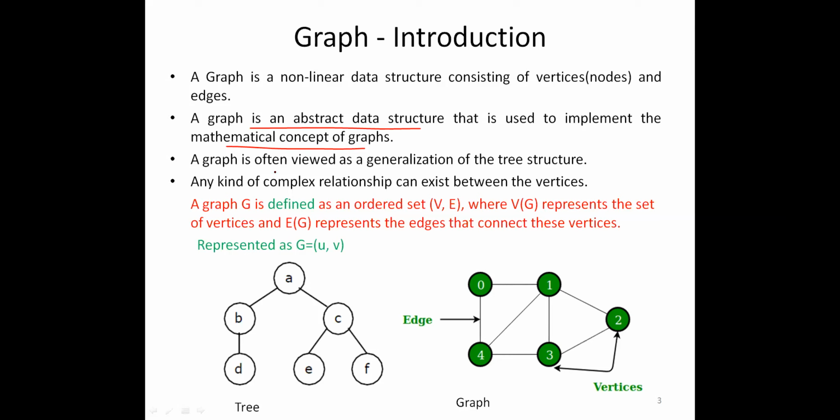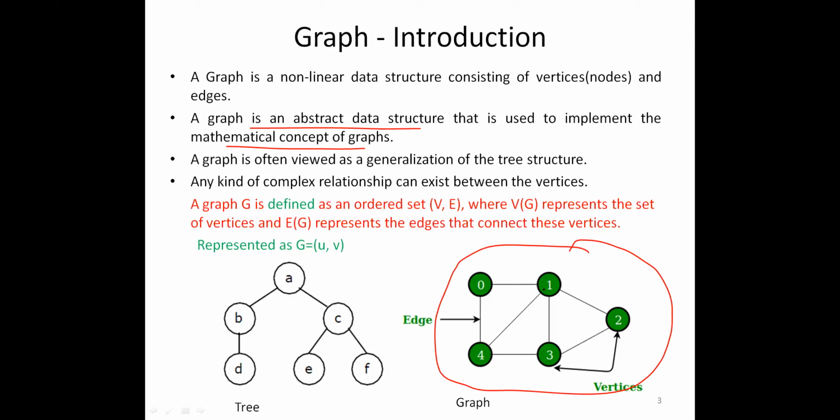A graph is often viewed as a generalization of tree structure. Any kind of complex relationship can exist between the vertices. This is an example of a graph, where the graph consists of vertices.